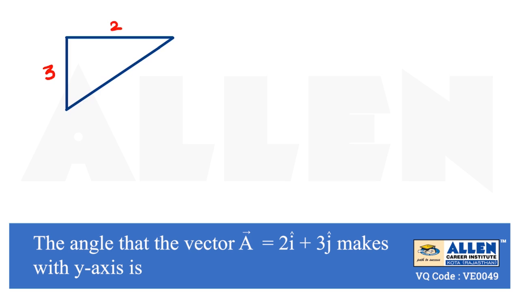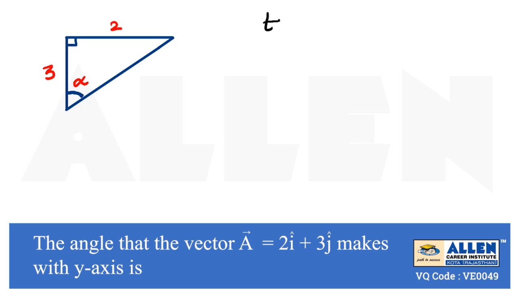Now this angle will represent the angle of the vector with the y-axis. Suppose this is alpha. So alpha is representing the angle of the vector with the y-axis, which has to be calculated. Now we can see alpha can be found with the help of trigonometry, that is tan alpha.